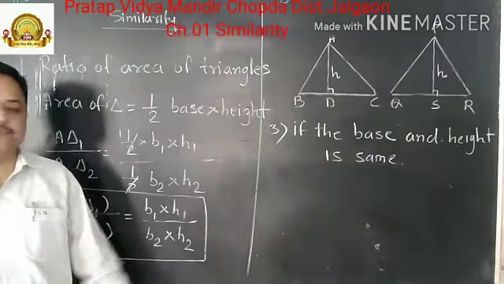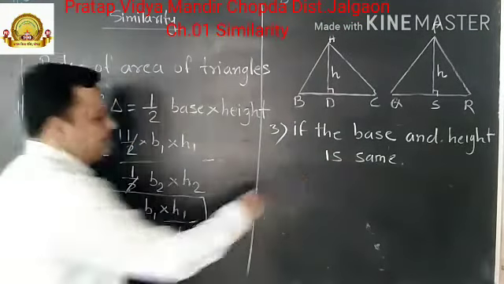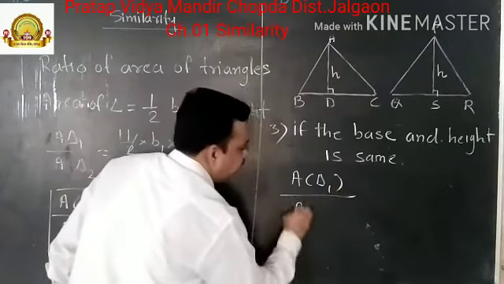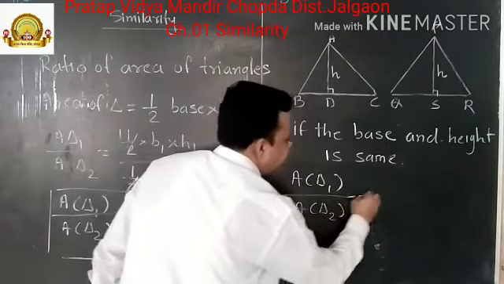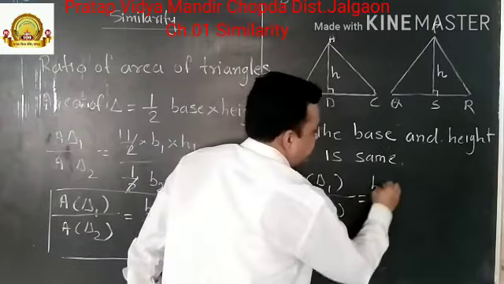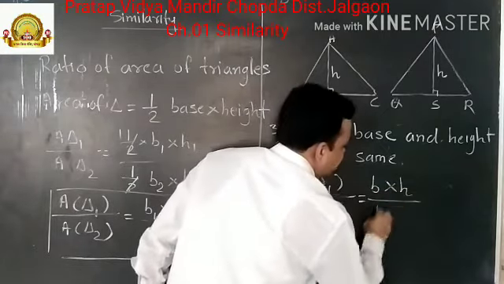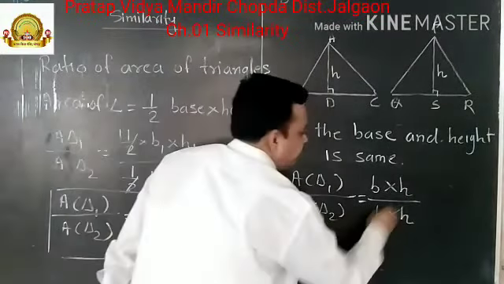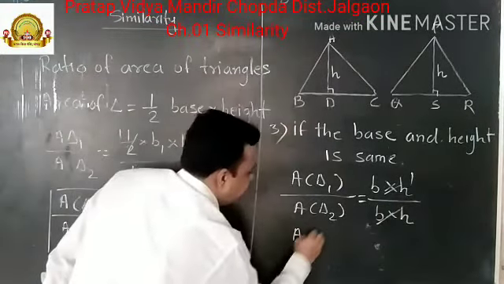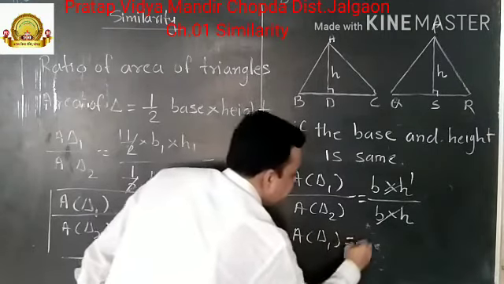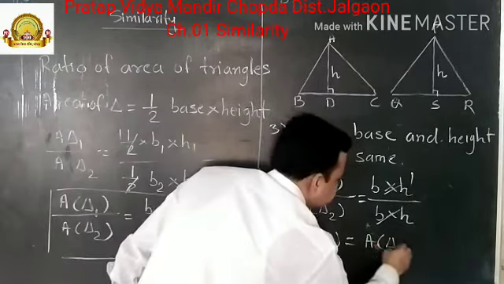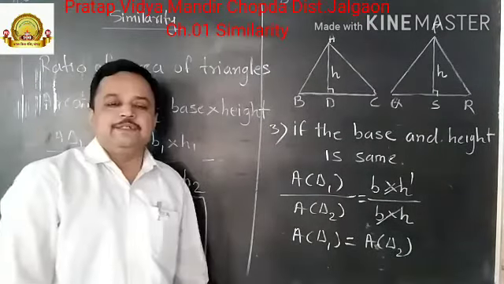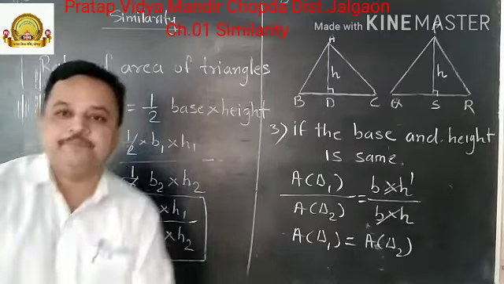If the base and height are same, then the area of first triangle upon area of second triangle is equal to B into H upon B into H. In this condition, we get area of first triangle is equal to area of second triangle. It means these two triangles have equal area.